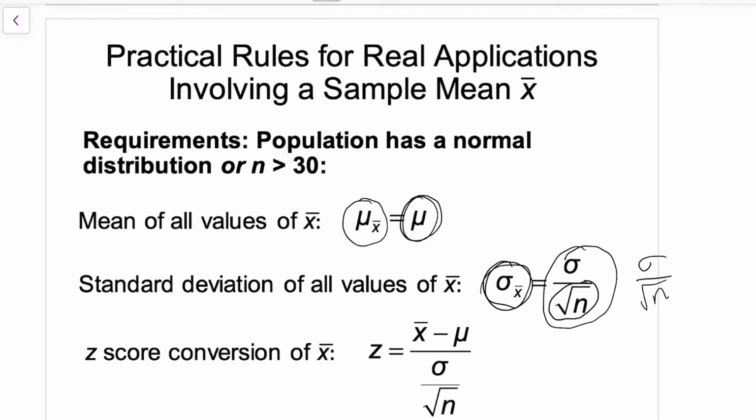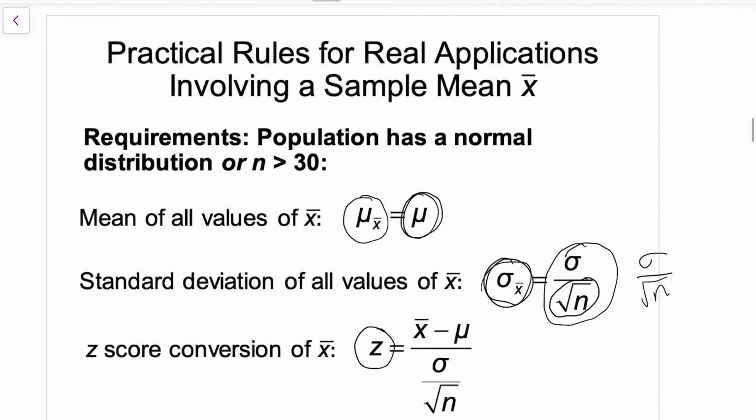And just like we've worked in section 6.2, we're going to need to find the z-score to translate that normal distribution into a standard normal distribution. That z-score calculation is going to be z is equal to x bar minus mu over sigma divided by square root of n.